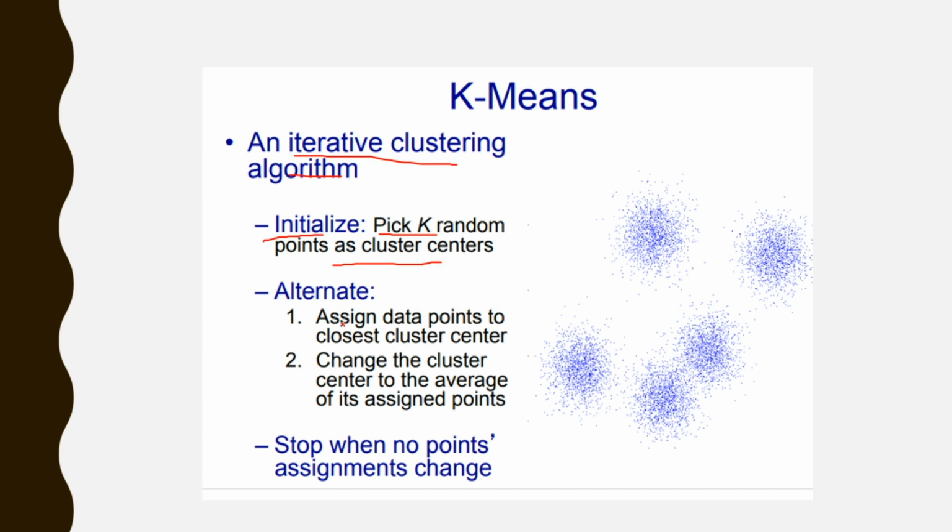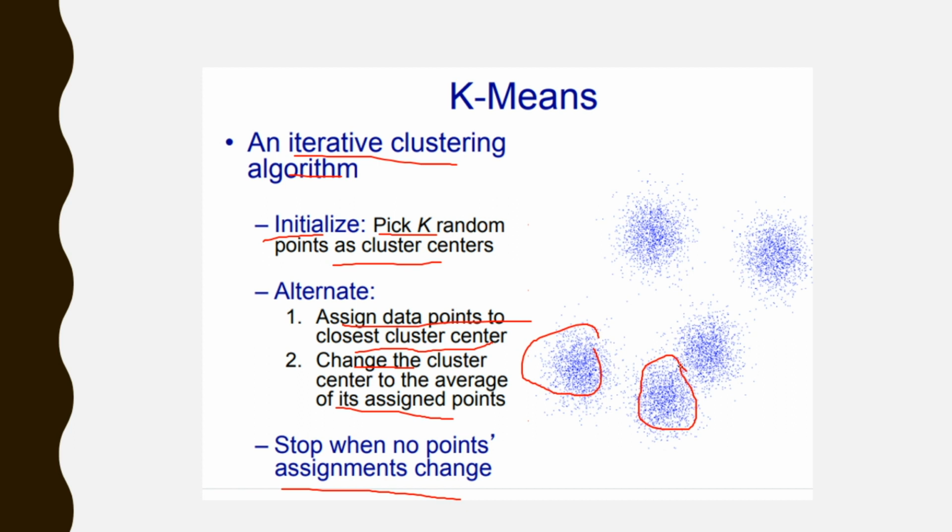Then we assign the data points to the closest cluster center. Then, since the algorithm is iterative, we keep changing the cluster center to the average of its assigned points. It stops when no point assignments change, so when there are no more points for further assignment, it stops its process.